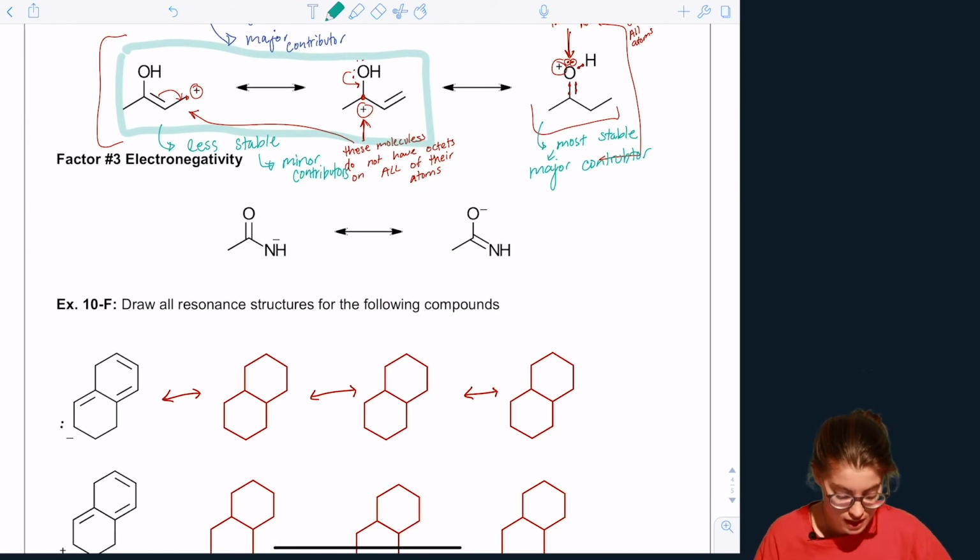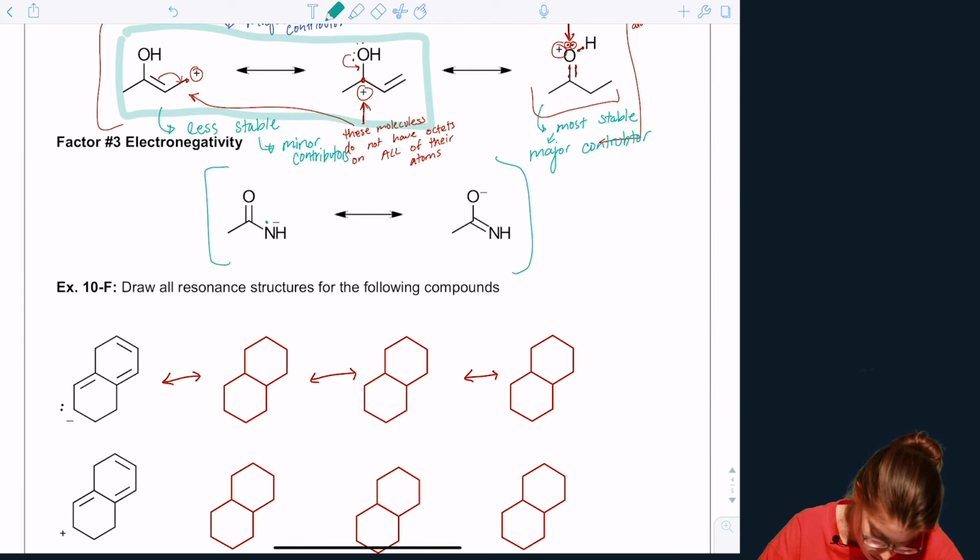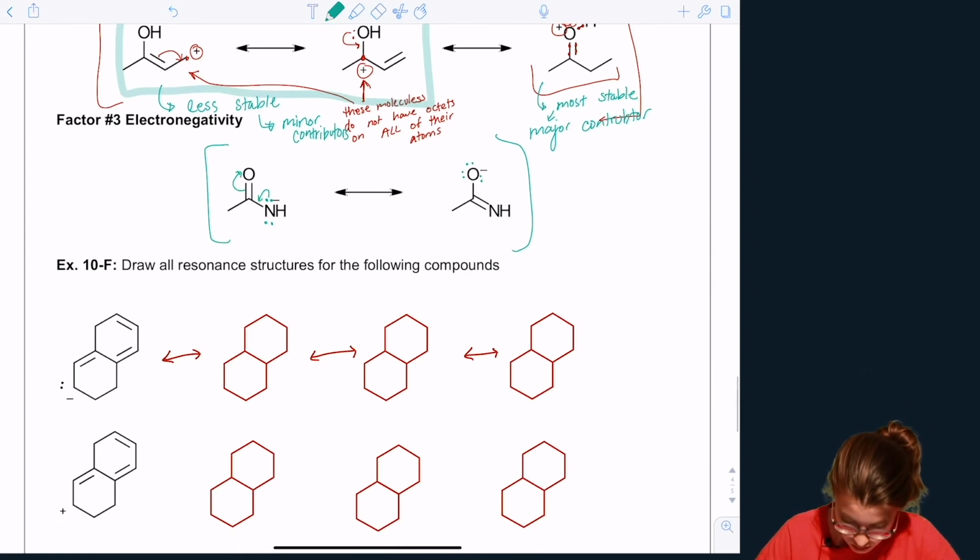Okay, then we have electronegativity. Here we have two resonance structures for this molecule. A negative on a nitrogen, and if this comes up here and that moves right there, then we'll have a negative on the oxygen. So all of the atoms have octets, so that's not a factor here.